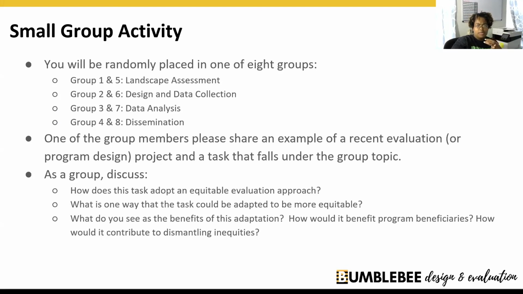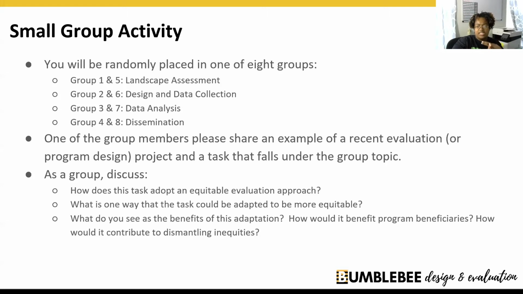If one of the group members can just share an example of a recent evaluation or program design, if you're not evaluators, project, and then a task that falls under the group topic. So, if you're in group 1, a task that you did that was related to landscape assessment. And so as a group, I would like you to discuss, how does the task adopt an equitable evaluation approach?